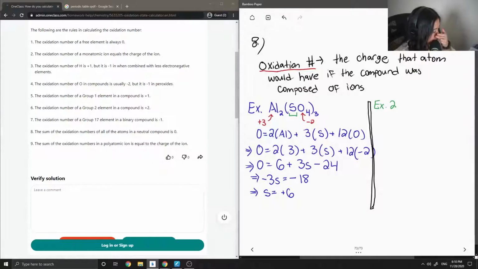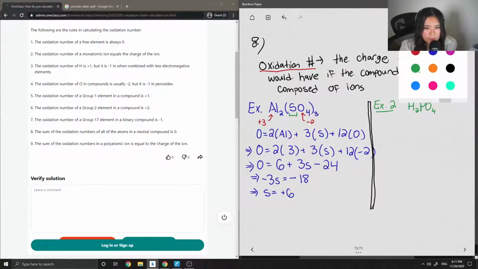So let's pretend that we had a charged compound, like a polyatomic ion. So for example, let's say we had H2PO4 minus. And we want to find the oxidation number of the phosphorus.